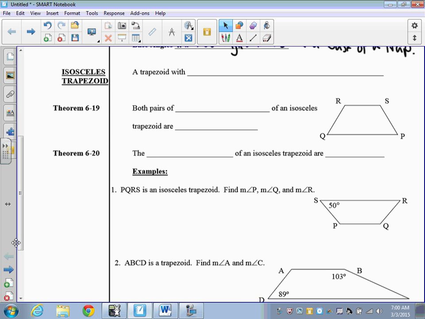We really start to get into some special properties of trapezoids whenever we talk about isosceles trapezoids. So you should be thinking about isosceles triangles, and there's a lot of similarities between isosceles triangles and isosceles trapezoids. An isosceles trapezoid is a trapezoid with congruent legs.